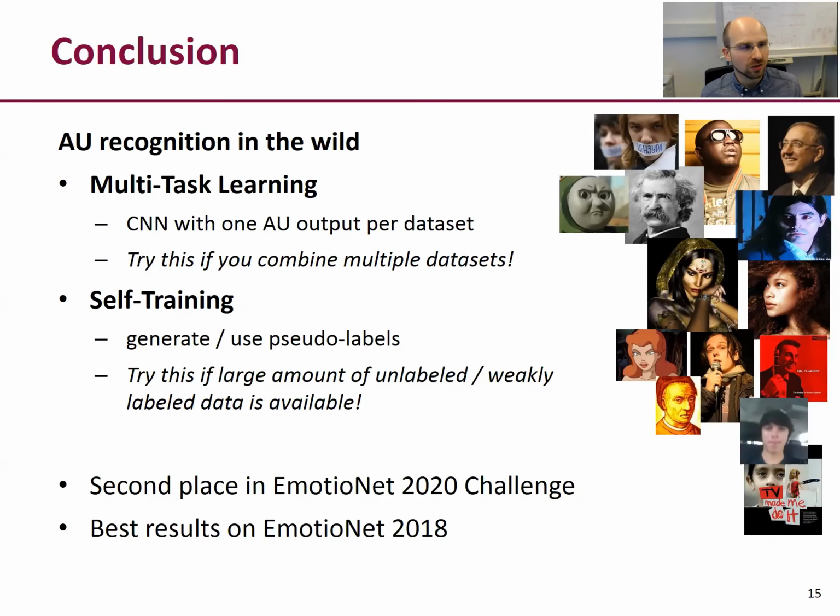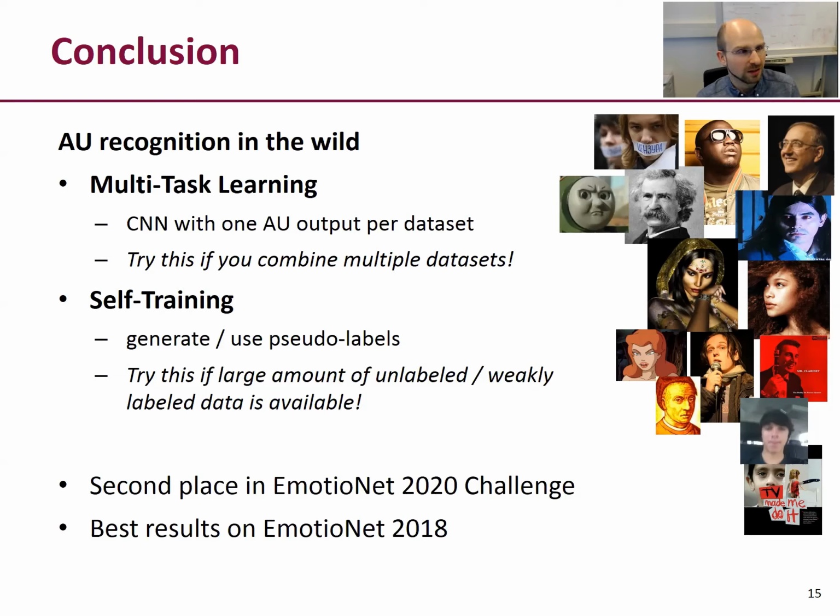Finally, let's come to a conclusion. We did action unit recognition in the wild with multitask learning and self-training. Multitask learning means in our context that we use a CNN with one action unit output per data set. And self-training means that we generate and use pseudo-labels.